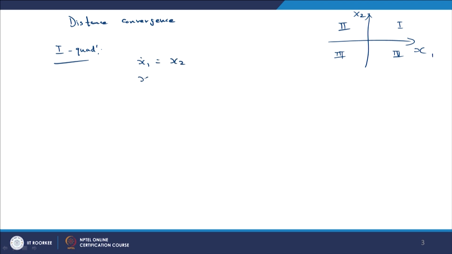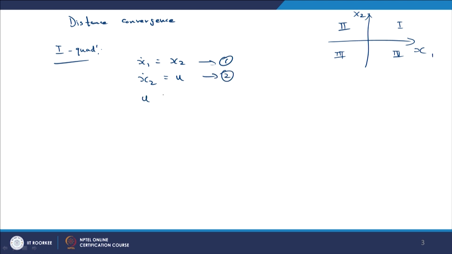So, we take here the quadrants x1, x2: this is the first quadrant, fourth quadrant, second quadrant, third quadrant. In the first quadrant, we take the state model x1 dot equal to x2 and x2 dot equal to u, where the control law enters the state equation, which is equation 1, and x2 dot is equation 2.